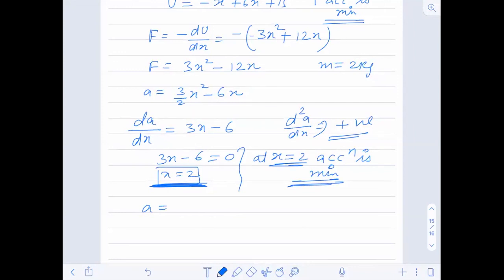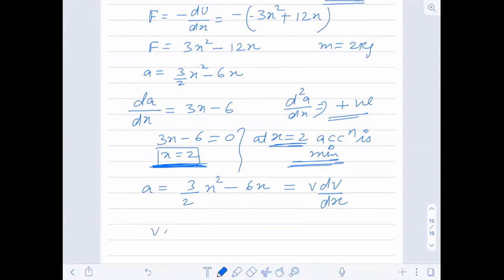Acceleration is 3 by 2 x square minus 6x. Now I can write acceleration in terms of velocity as v dv by dx. So v dv equals 3 by 2 x square minus 6x into dx.